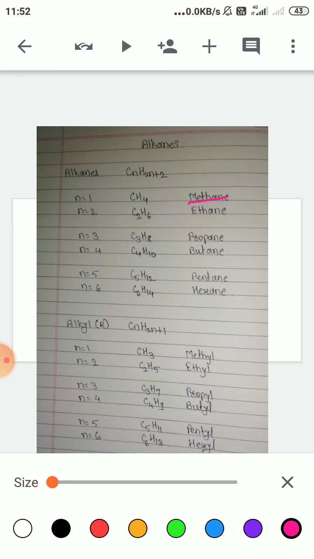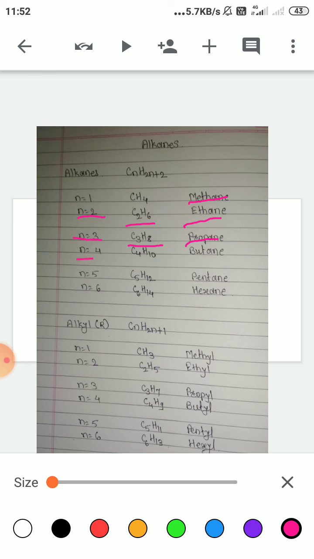Now similarly, if n is equal to 2, we get the formula C2H6 and the name of the alkane is ethane. If n is equal to 3, we get C3H8, propane.